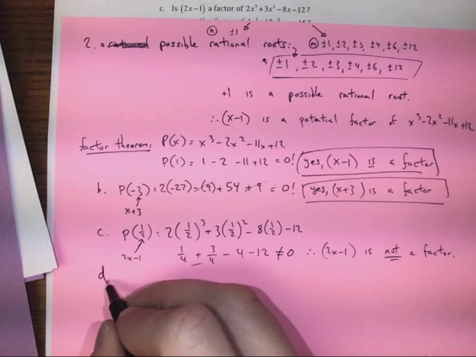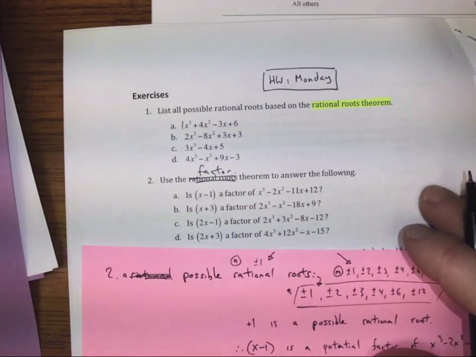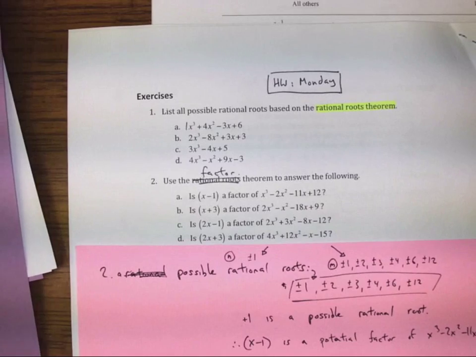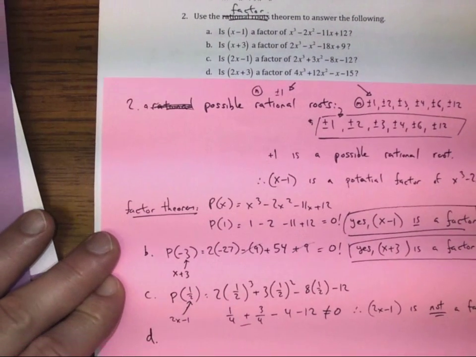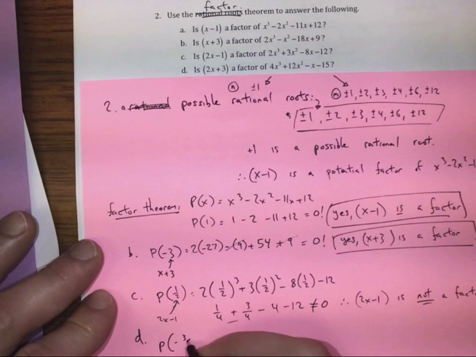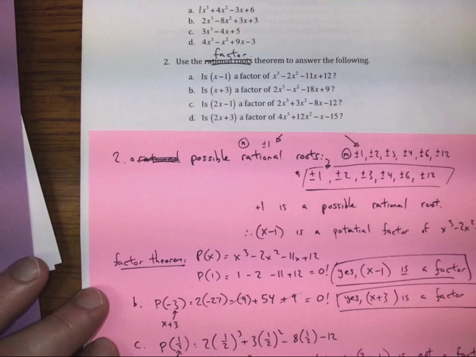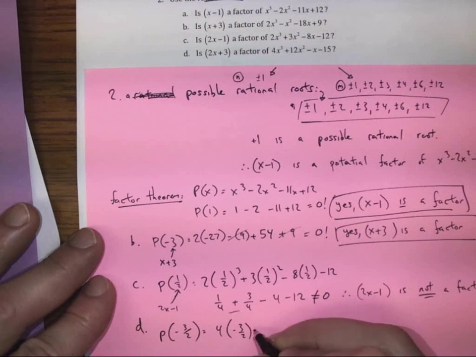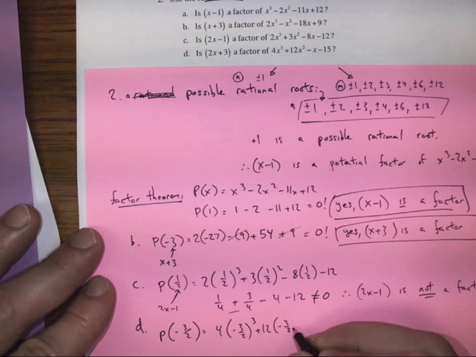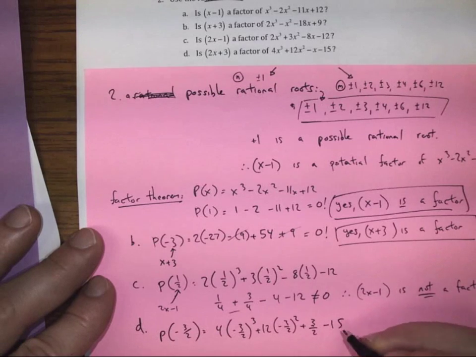All right, let's move on to question D, the last one here, with 2x plus 3. Is that a factor? I don't really want to plug that in, but I will. We're going to try p of negative 3/2. That means we get 4 times negative 3/2 cubed plus 12 times negative 3/2 squared plus 3/2 minus 15.